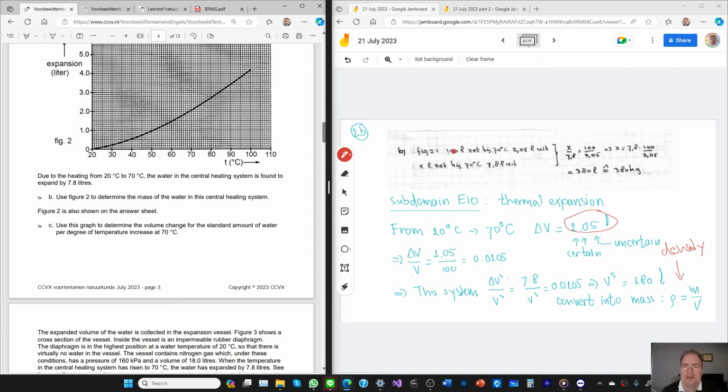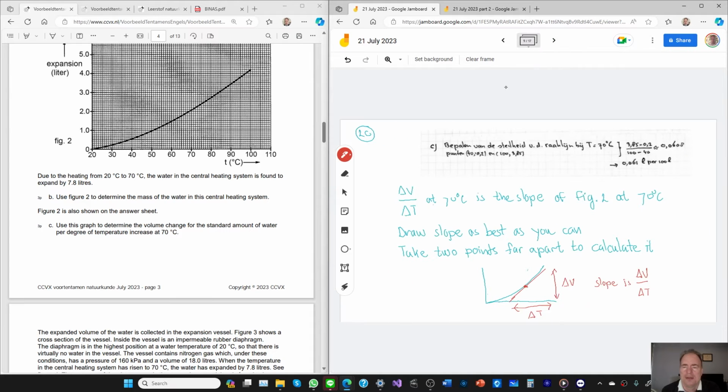So what you do here on the answer sheet is draw, as best as you can, the tangent at the point at 70. From there, take 2 points far apart, for example the intersection with the x-axis and perhaps the highest temperature on the right, and then divide these two, and you get the slope.